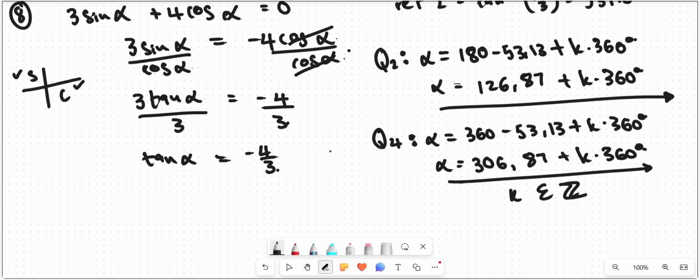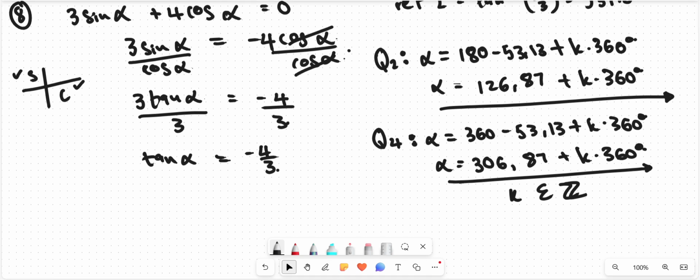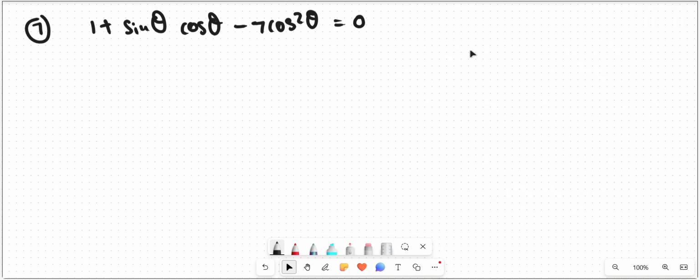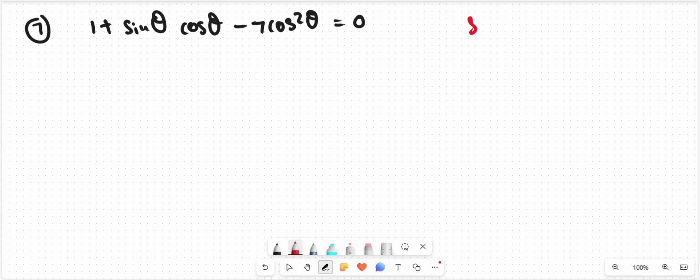Let's try another example that also includes identities. All right, there's example number 7. What I'm noticing is that we can apply that other identity that says sine squared theta plus cos squared theta is equal to 1. We can apply it because I'm noticing a 1 there.